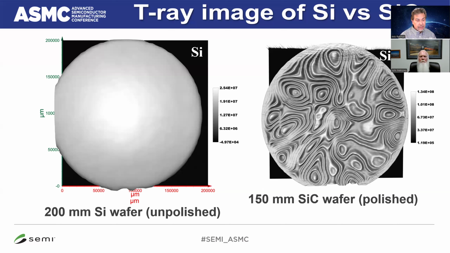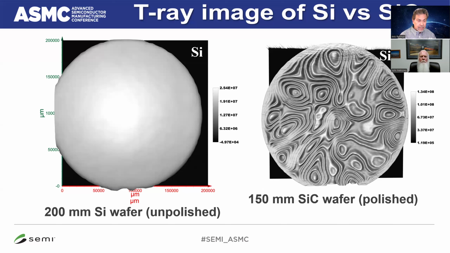Also, silicon is processed at a much lower temperature, around 600 degrees Celsius or so, while silicon carbide is 2500 degrees or so. So there's a tremendous difference in temperature as well.